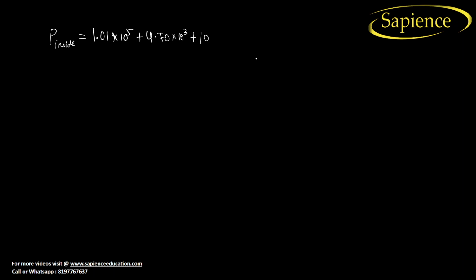So finally, we need to add this. How will you add this? 101,000 plus 4700, and there is a 10. When we add this, it will be 105,710.